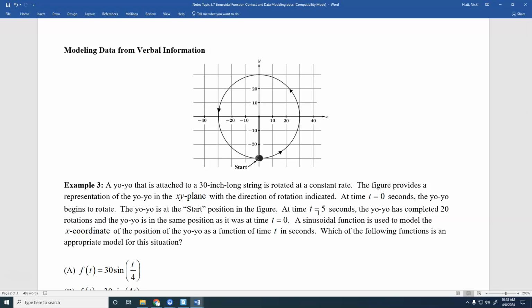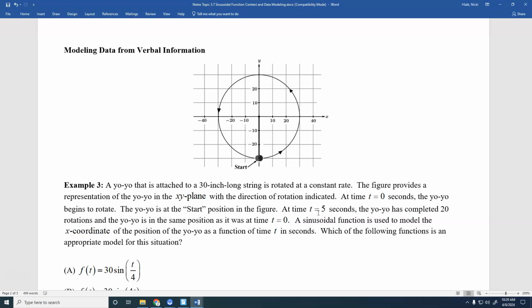A yo-yo that is attached to a 30-inch long string is rotated at a constant rate. The figure provides a representation of the yo-yo in the XY plane with the direction of rotation indicated. At time t equals 0, the yo-yo begins to rotate. The yo-yo is at the start position in the figure.